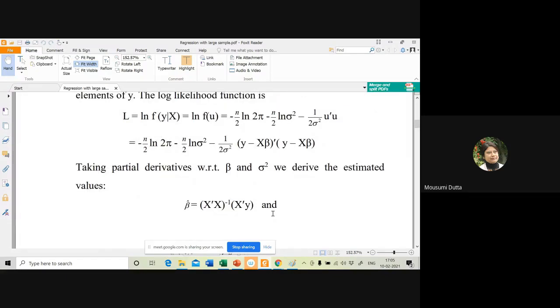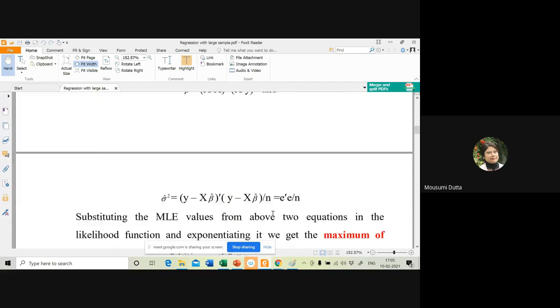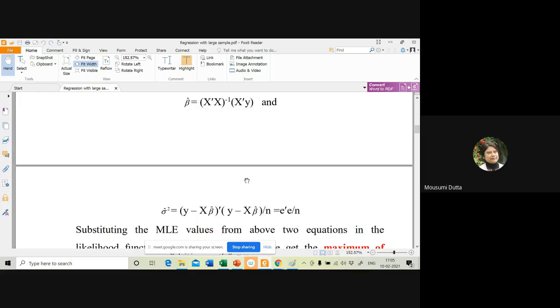Okay, so taking the partial derivatives with respect to beta and sigma square, we derive the estimated values. Beta hat is equal to (x prime x) inverse x prime y, and sigma hat square is equal to (y minus x beta hat) prime into (y minus x beta hat) by n. So it will be very, very similar to the least square values. However, in the sigma hat square, generally in the denominator we find n minus k.